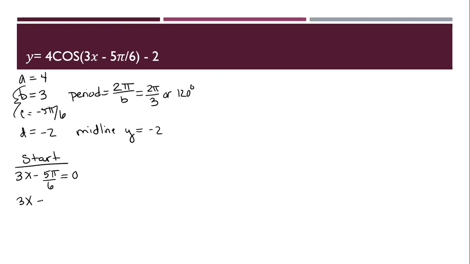Pi over 6 is a 30-degree reference, and I want 5 of those. So that's 150 degrees. If you need a conversion factor to convert degrees to radians, you multiply by 180 over pi. That's your conversion factor.